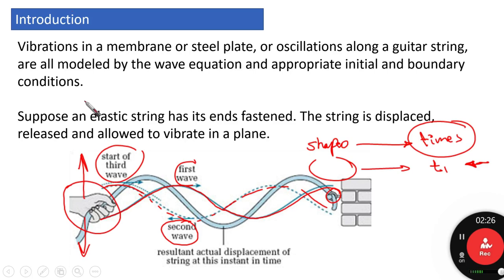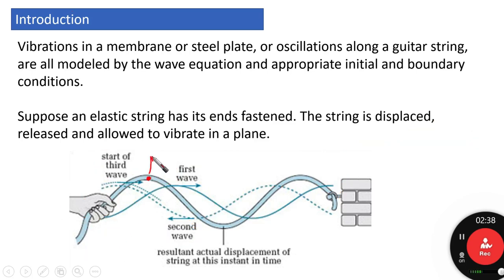So the point here is that every point of the rope might go up and down, and at the same time the shape of the rope is changing, right?